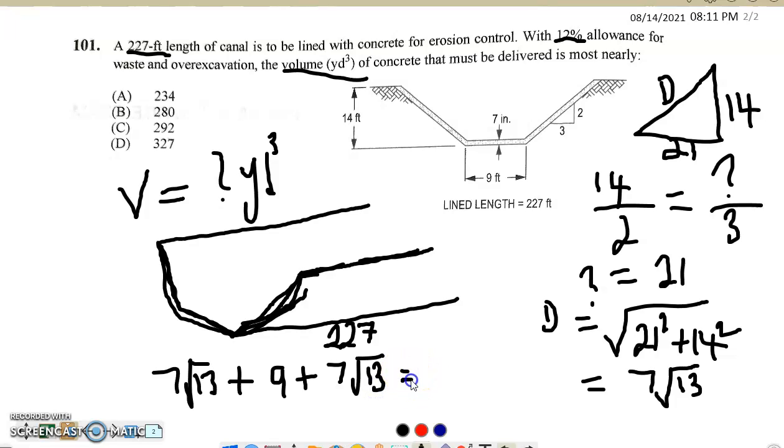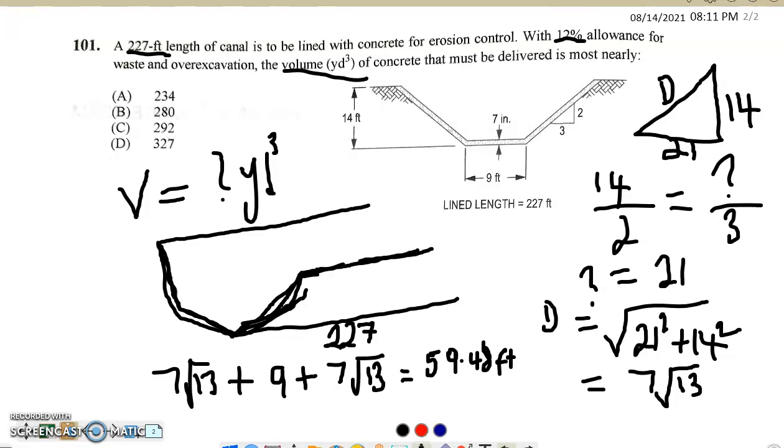I'm going to convert it to decimal so we keep the same format. It's good to know both ways, fraction and decimal. So I have 59.4748, let me round it to 59.48. This is feet. Don't forget your units, please, guys.